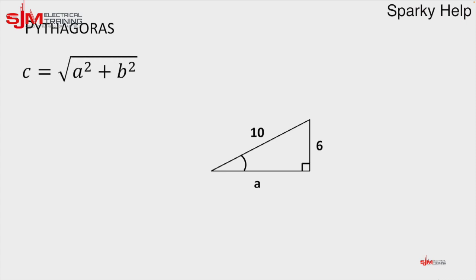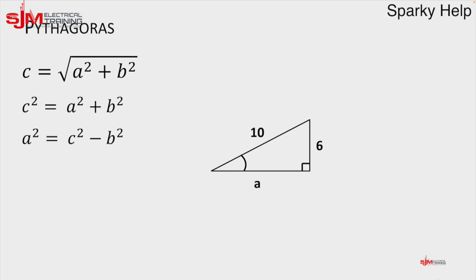Let's go again. So we've got two different ones. This time we've got the hypotenuse and we want to find the other side, the missing side. So we've got to rearrange the formula. First thing to do is get rid of the square root so it becomes squares. Now we can leave the squares on there and just subtract one from the other. I think 10 is the biggest number. That's the biggest side. So it becomes the biggest number, the hypotenuse, minus b.